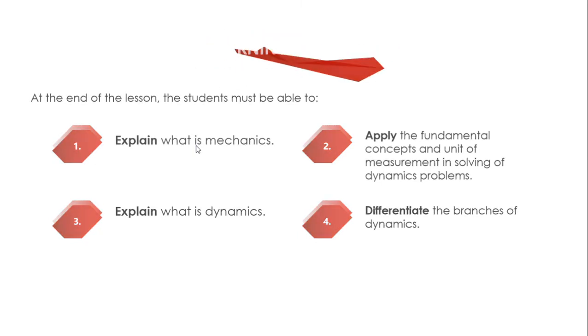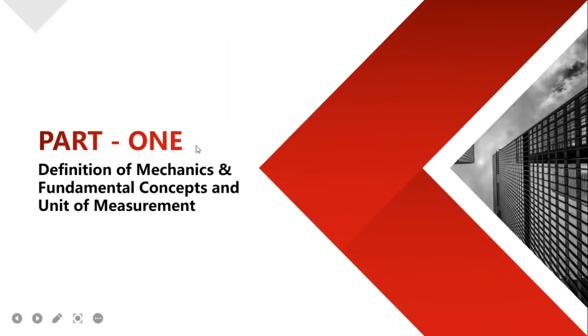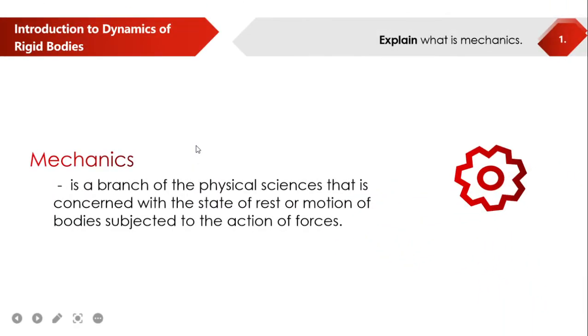So to begin, we are going to talk first about the definition of mechanics and the fundamental concepts and units of measurement. Mechanics is a branch of physical sciences that is concerned with the state of rest or motion of bodies subjected to the action of forces.